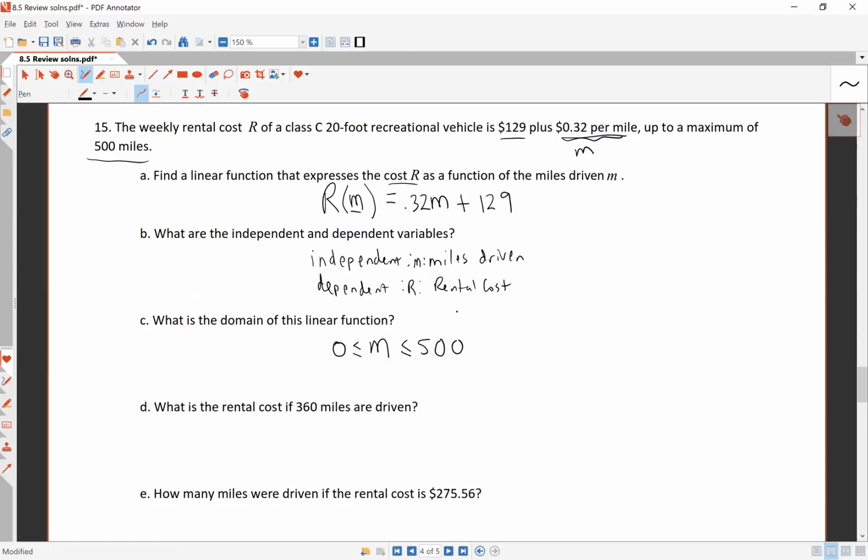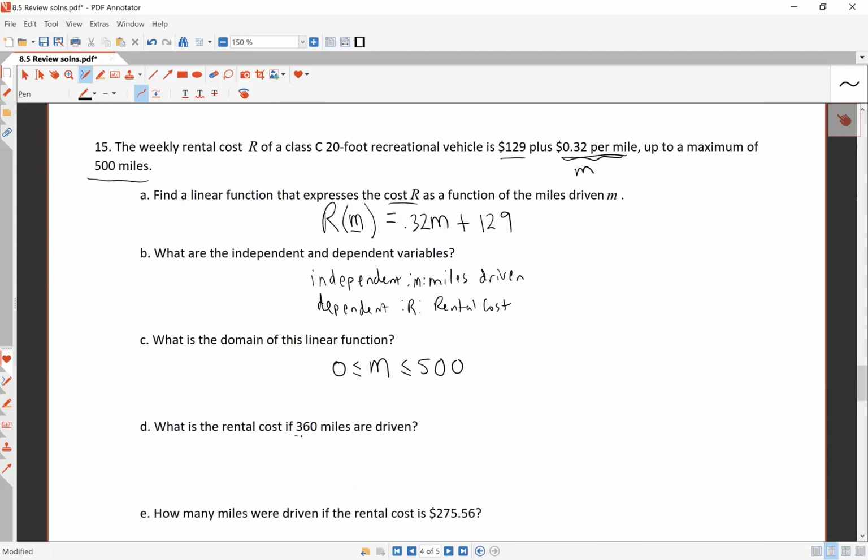And now if we rent this and drive 360 miles on it, then R of 360 will be 0.32 times 360 plus 129. So the mileage cost on this is 360 times 0.32.